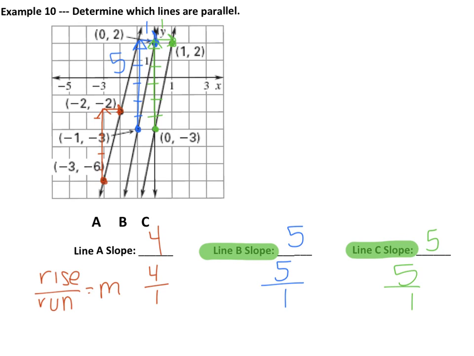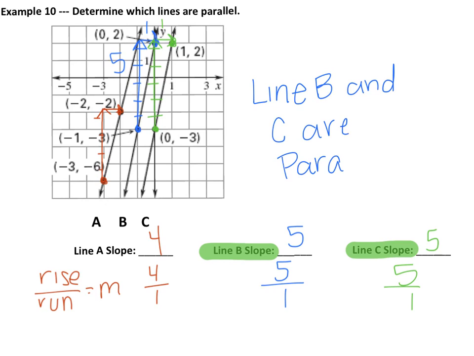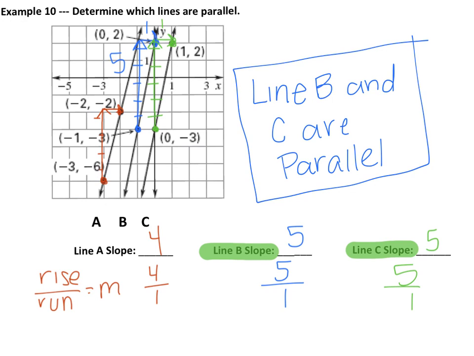So our final answer should be something along the line of: line B and C are parallel. And then always make sure you identify your final answer, because these can kind of start getting messy. And Ms. Olson, I love when we know exactly what your answer is.